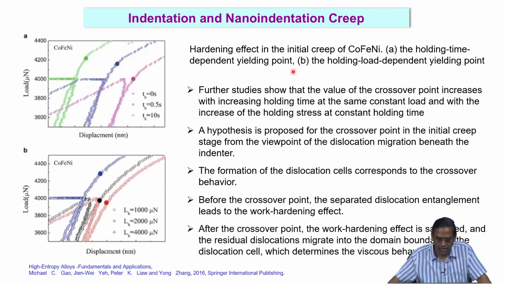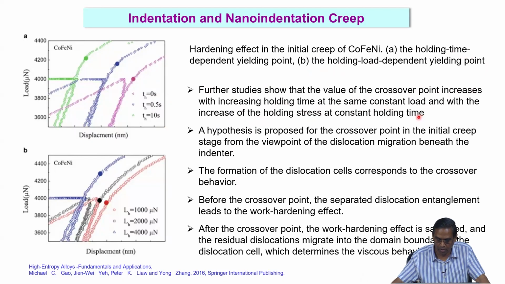So you can see the time dependent yielding point and the holding load dependent plot. These kinds of indentation studies show that the value increases with increasing holding time and with increasing loading stress at constant load.